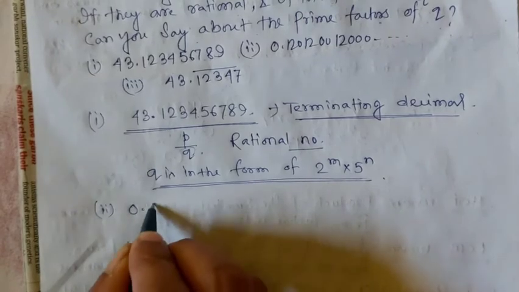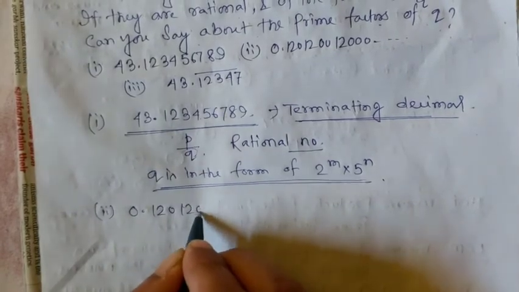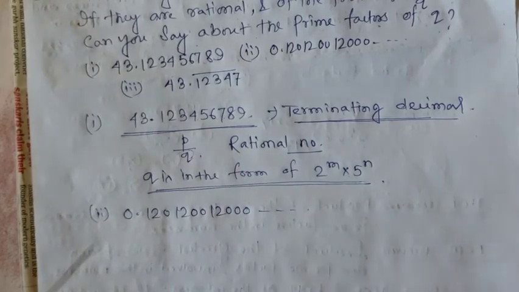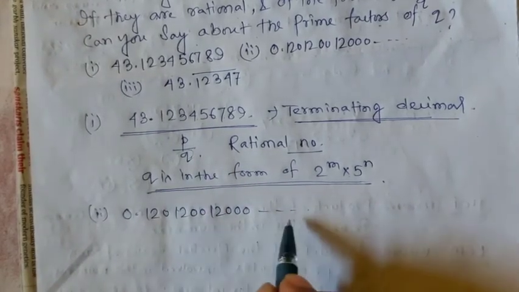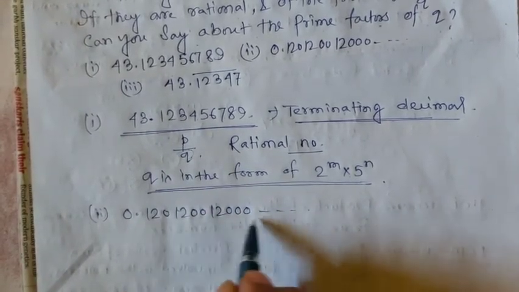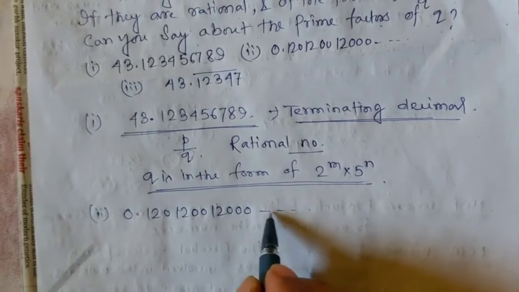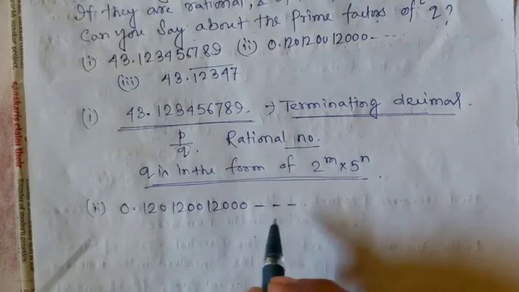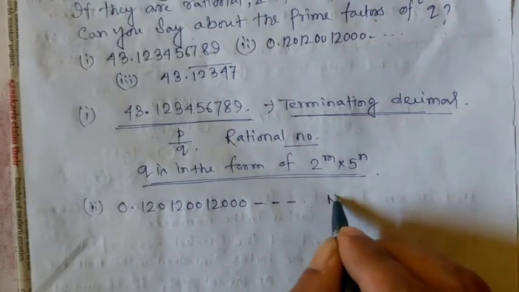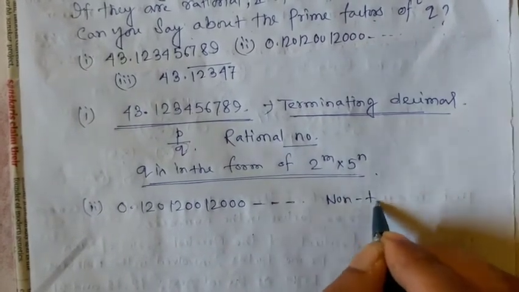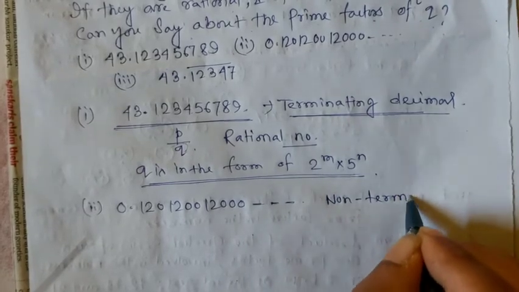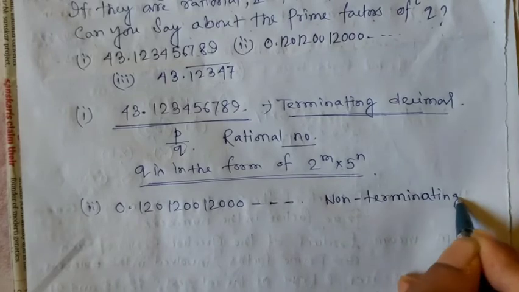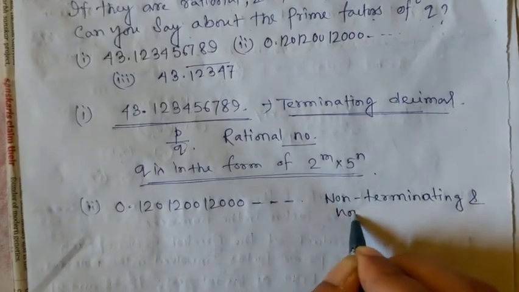This one is 0.120, then 1200, then 12300, and so on. Now this one is non-terminating, because it is not ending, and also non-repeating.